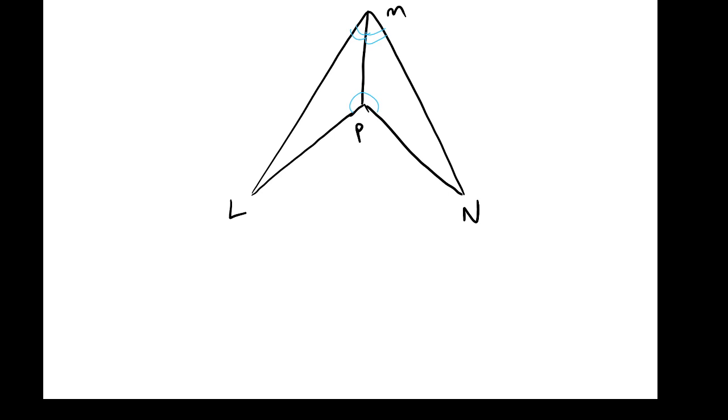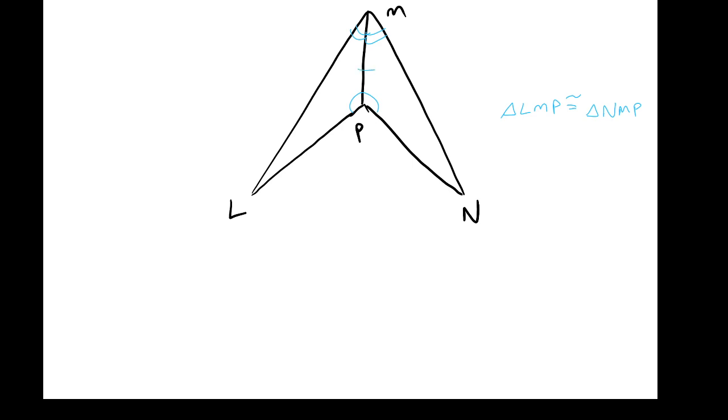What we have here is triangle LMP, which is going to be congruent to triangle NMP. Now, all you see right now marked is two angles. We need three pieces of information. It's always a three-lettered answer, right? Side, side, side, side, angle, side, angle, and angle, angle, side.